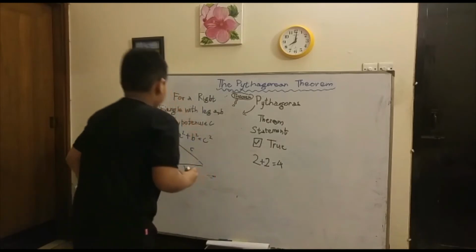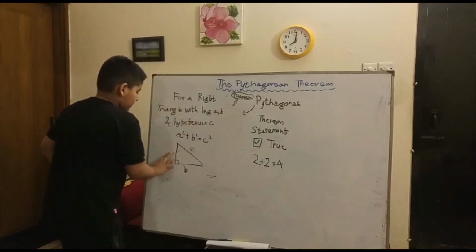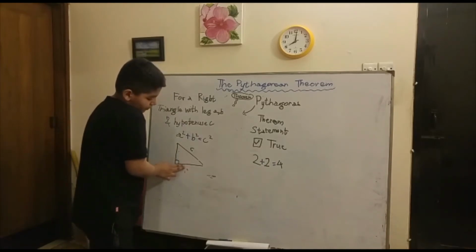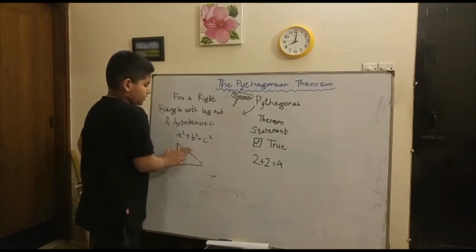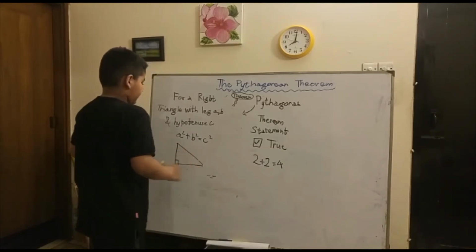Now let's see this in action. Let's say we have a 3 by 4 triangle. This is 4, this is 3, and we are trying to figure out the hypotenuse, which is 5.